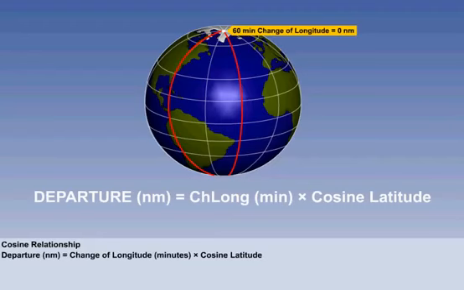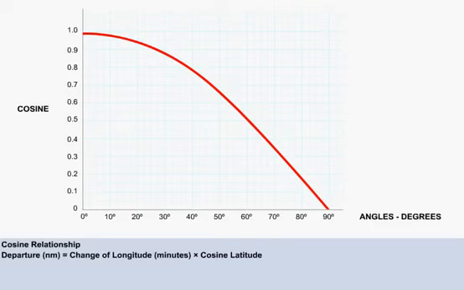In the same way that we examined the sine curve when looking at convergency, let's look at some of the more common values of cosines of angles, because these frequently come up in questions on general navigation. Here is a cosine curve. Let's look at the angles between 0 and 90 degrees. The cosine of 0 degrees is 1. The cosine of 30 degrees is 0.866.